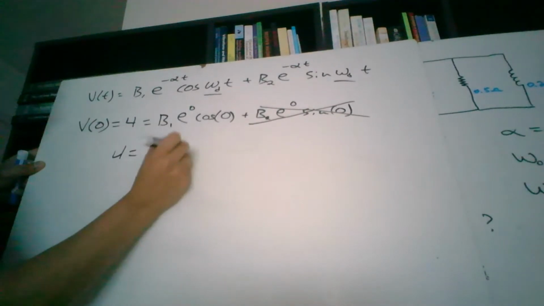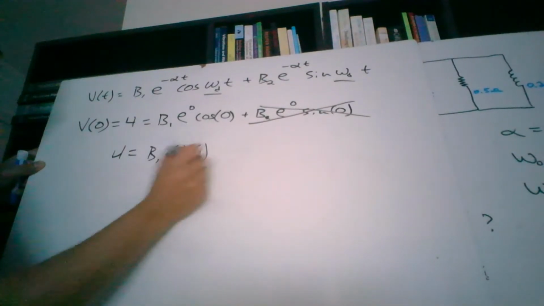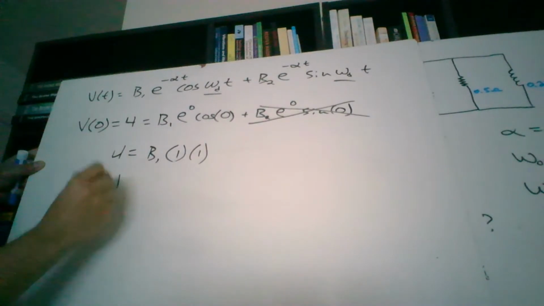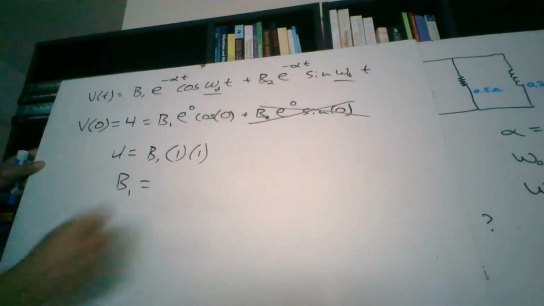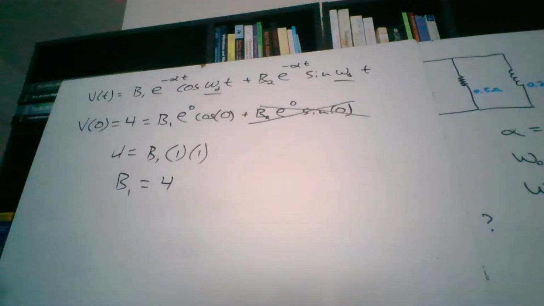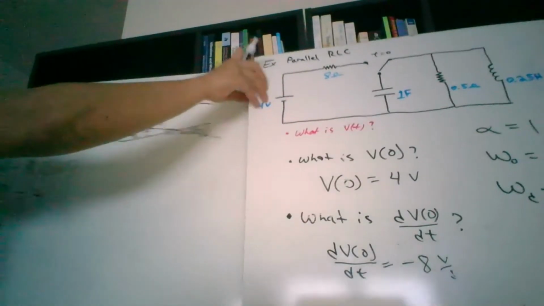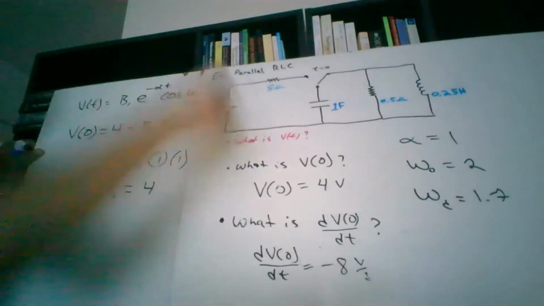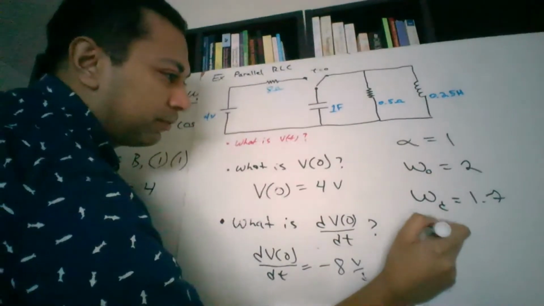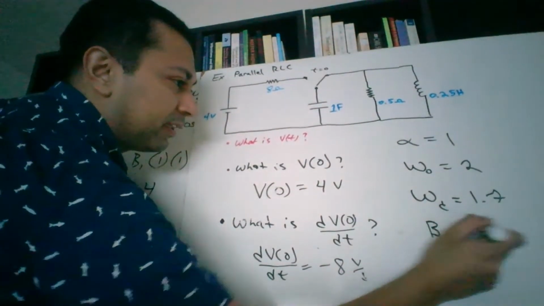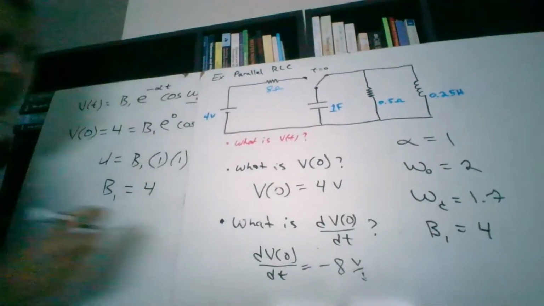E to the power 0 is 1. Cosine of 0 is 1. So we've established that B1 is equal to 4. All right. And once again, I'll put that over here. So B1 equals 4.